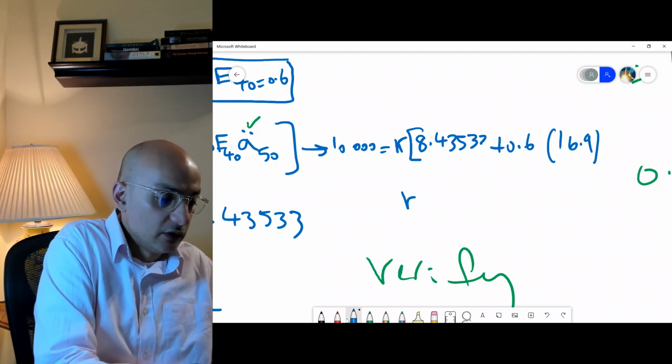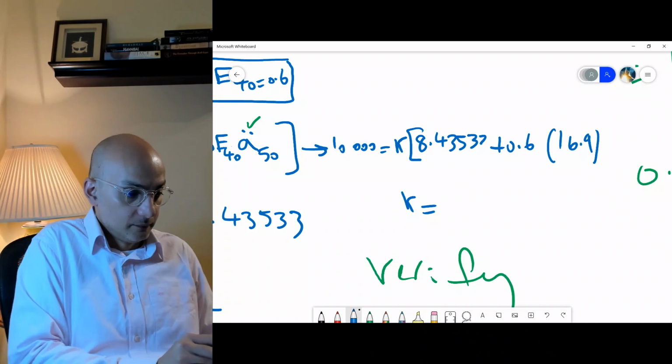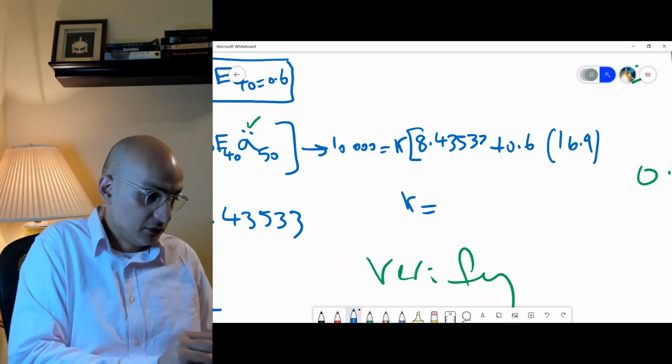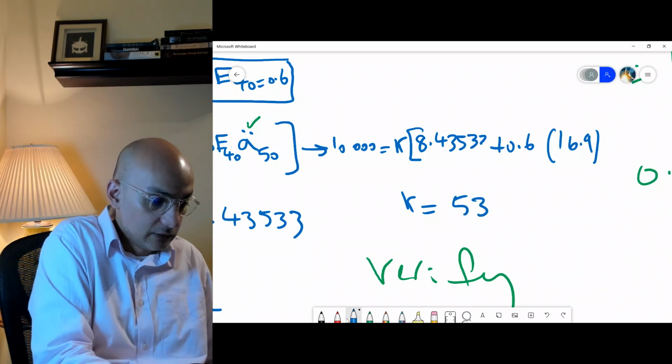So now we solve for K. So now we have 0.6 multiplied by 16.9. We add to it 8.43533. Then you flip it over and multiply by 10,000. Then the amount will be K, to make it actuarially equivalent.